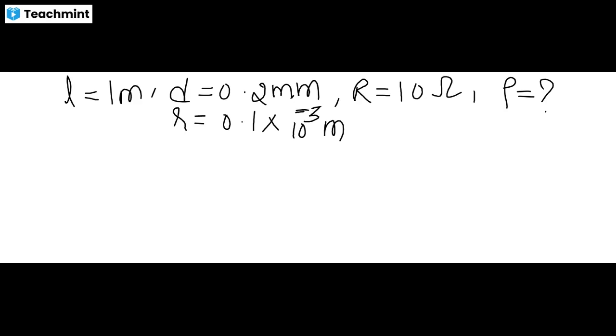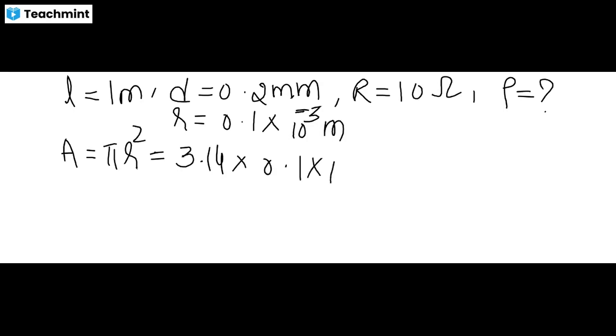Pi value you can take as 3.14, and r value is given as 0.1 into 10 to the power minus 3, whole square. If you simplify this, you will get the area of cross section.